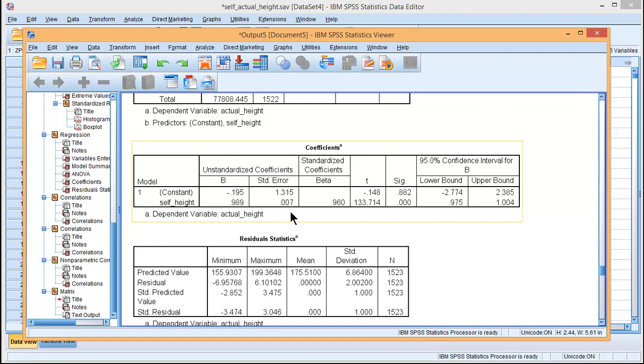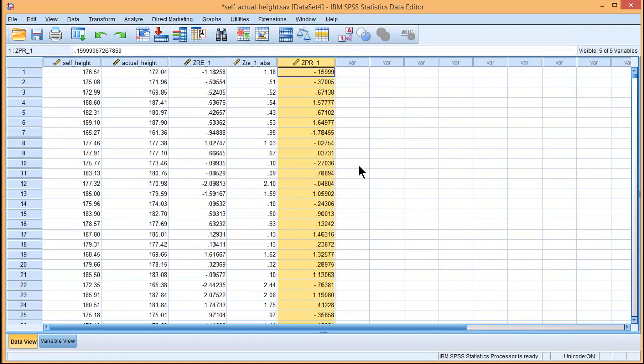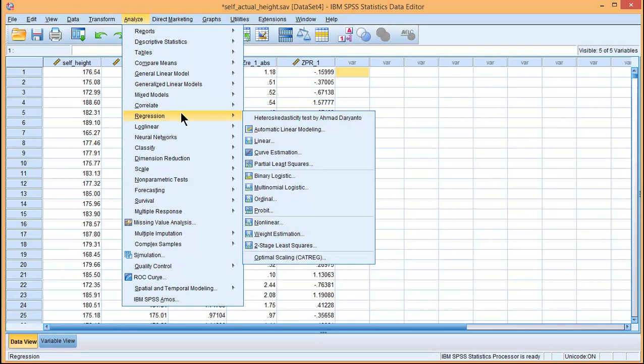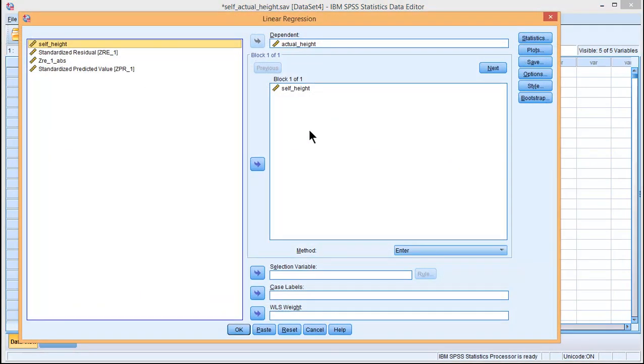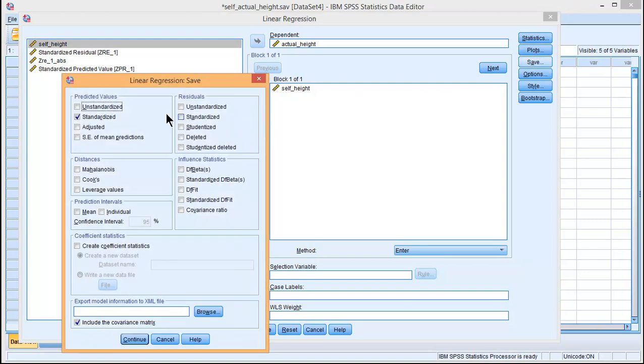Now I said, let's calculate the value. If somebody said they were 183 centimeters tall, so if you met somebody and they said, I'm 183 centimeters tall, what would your best guess be about their actual height? Well, we can calculate that in SPSS a couple of ways, but we could actually just get SPSS to calculate regression and linear and save for us a variable that is a predicted value but unstandardized.